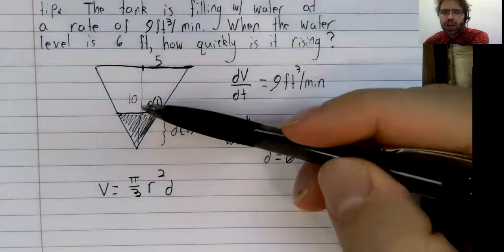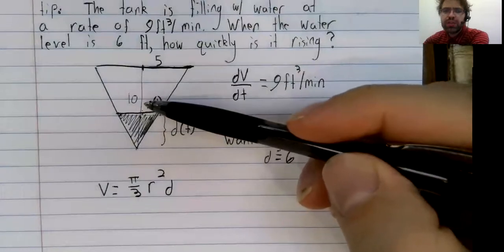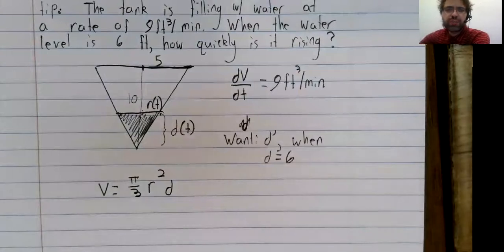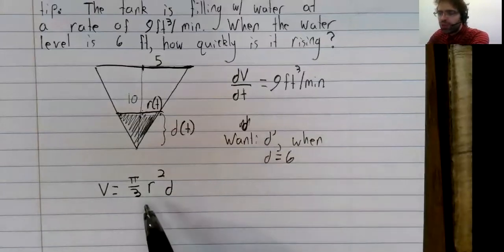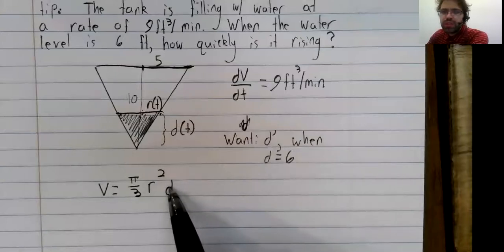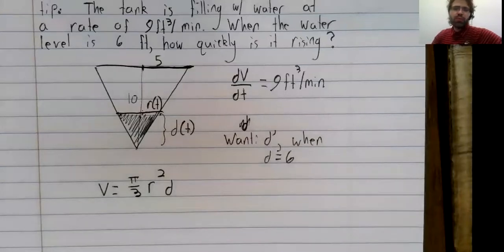As the water rises, the radius increases. Now here's the stumper. Calculus 1 and calculus 2 are derivatives with a single variable. But the radius is a variable and the depth is a variable. So now what?